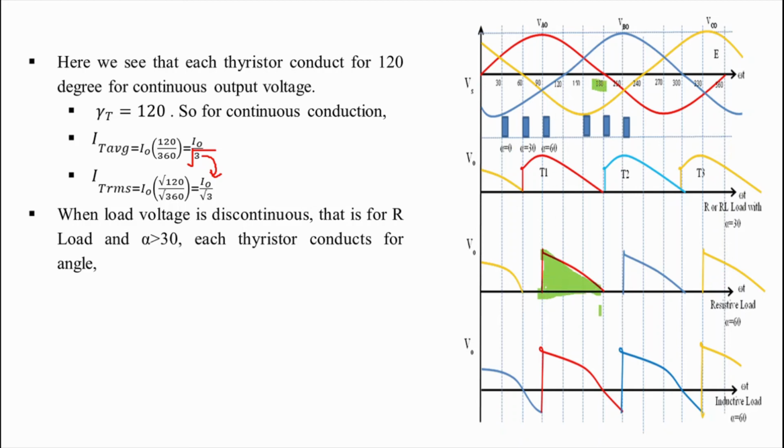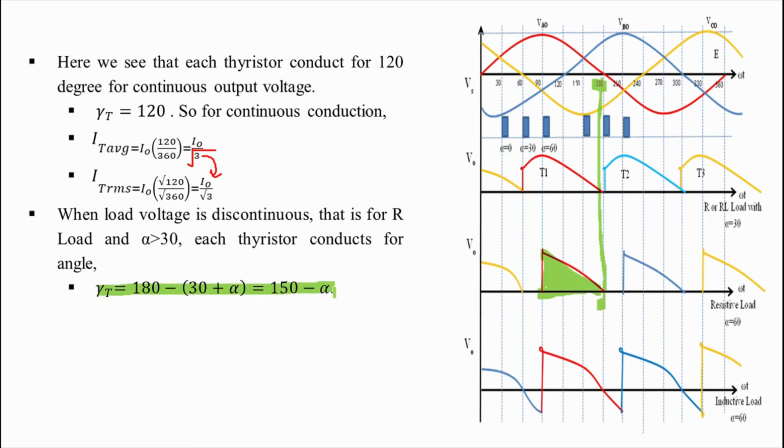We are getting the output from 90 degree to 180 degree only. So each thyristor is conducting for this angle. So the conduction period of the thyristor will be equal to 180 degree minus 30 plus alpha, that is equal to 150 minus alpha.